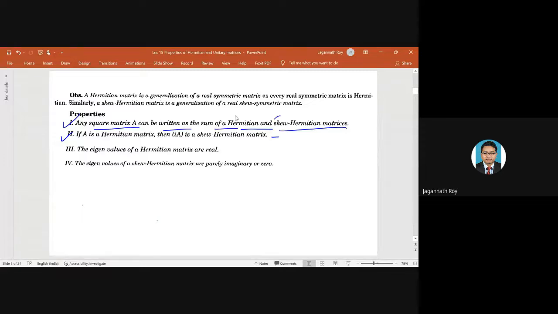We have not defined the skew Hermitian matrix, so we'll discuss this later. Let us discuss this thing: eigenvalues of a Hermitian matrix are real, and the eigenvalues of a skew Hermitian matrix are purely imaginary or zero.